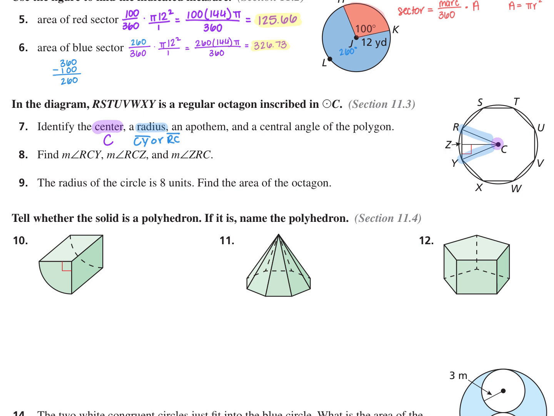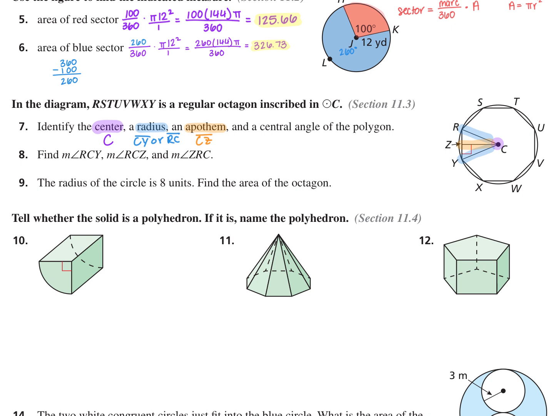Looking at the next one, I have my apothem. My apothem is this segment right here, and my apothem is CZ, or you could put ZC, that's fine. The next point is my central angle.